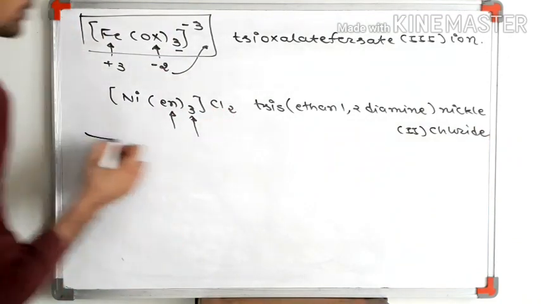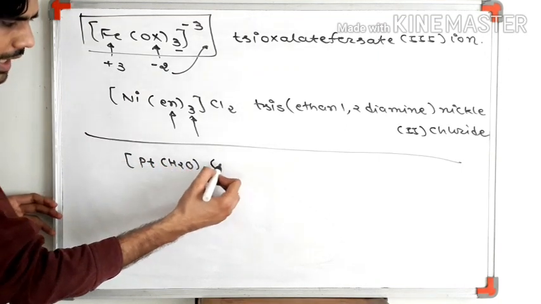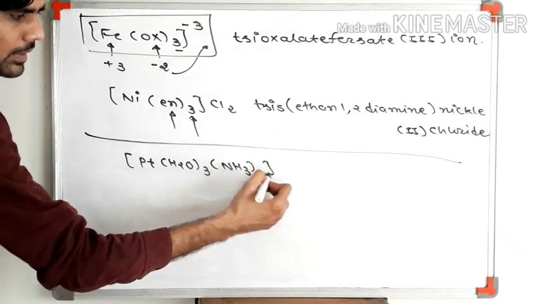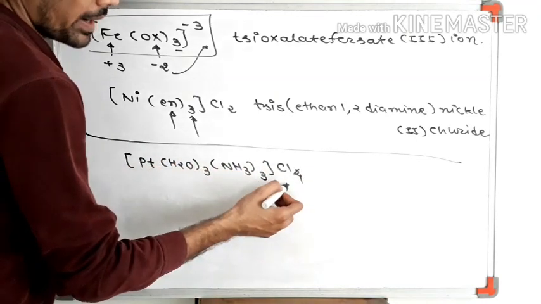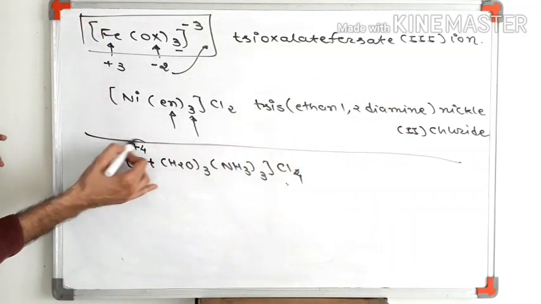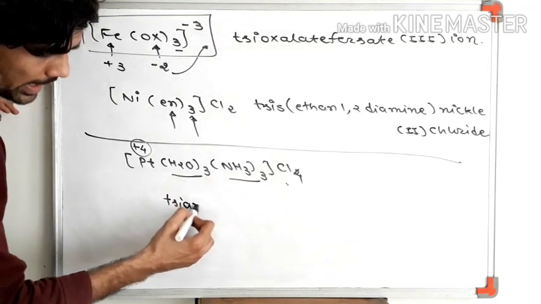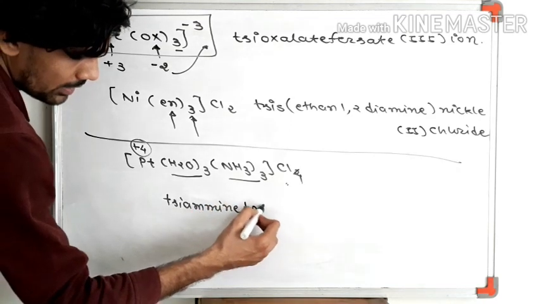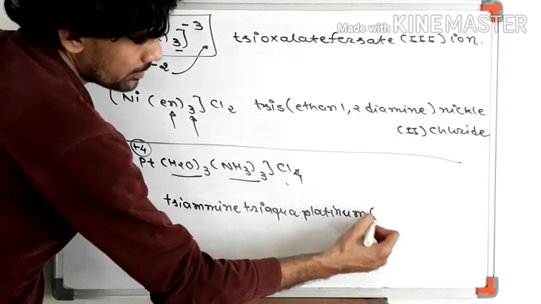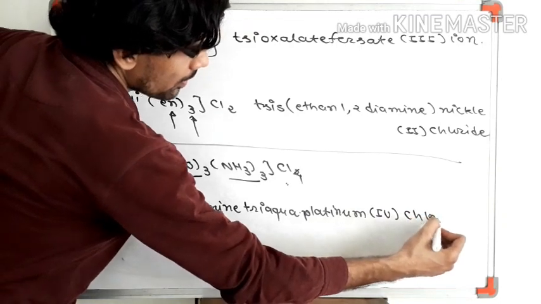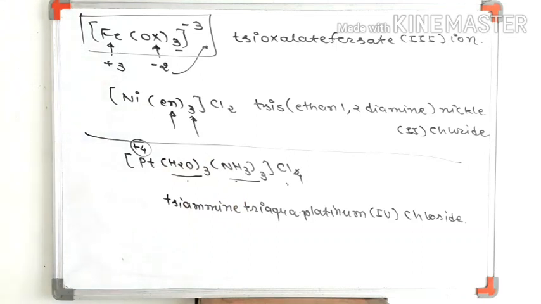Okay, next one, like [Pt(H2O)3(NH3)3]Cl4. 0, 0, minus 1 four times, minus 4 goes to the other side, so plus 4. The oxidation number should be +4. A-Q-A-M, then triamminetriaquaplatinum 4 chloride. If there is more than one kind of ligand, you have to follow alphabetical order.